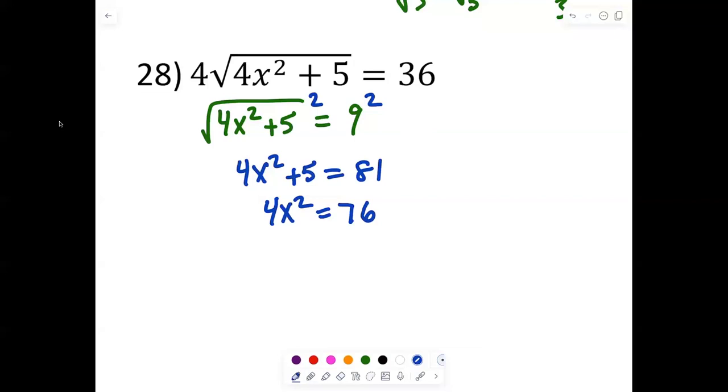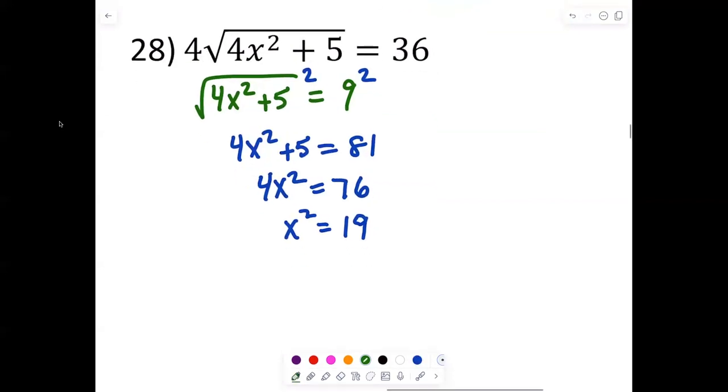Is that right? Yeah. So x squared equals 19. Is it 18 or 19? I think it's 19. Now I do what to both sides?